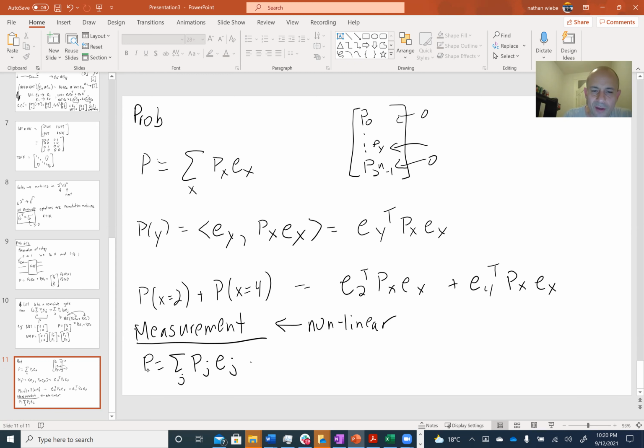What will happen is that this distribution in the computer, when you measure it, is going to end up reducing to the distribution Ej with probability Pj. It's kind of by definition that this is true. So that's how measurement ends up working in these particular cases.